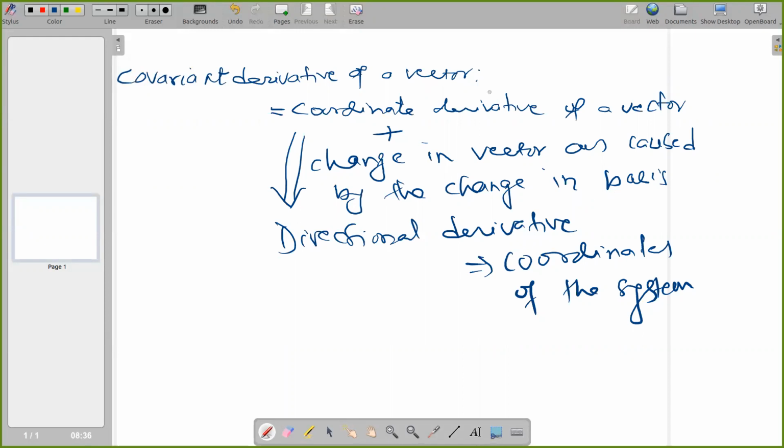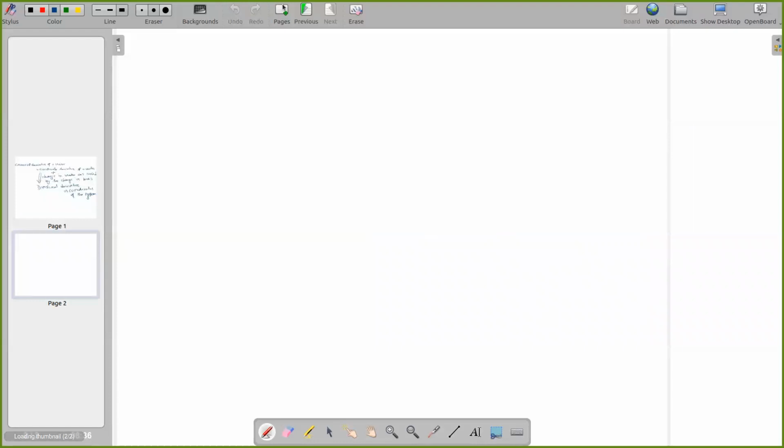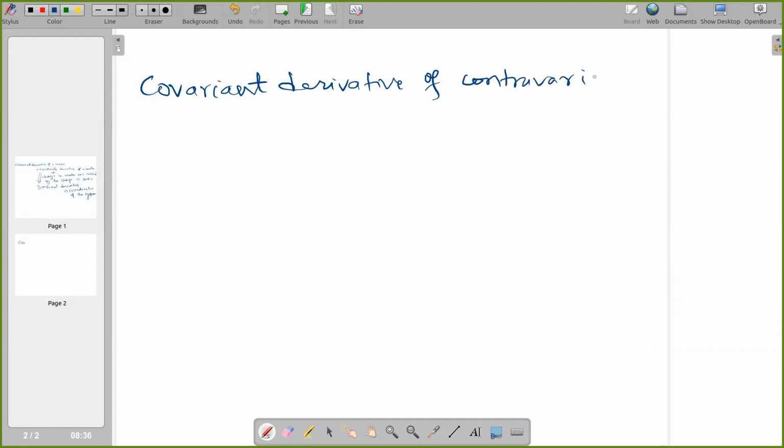To discuss the covariant derivative of a contravariant vector, we will start from the transformation equation of the component of a contravariant vector.